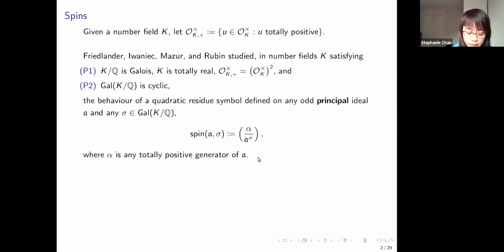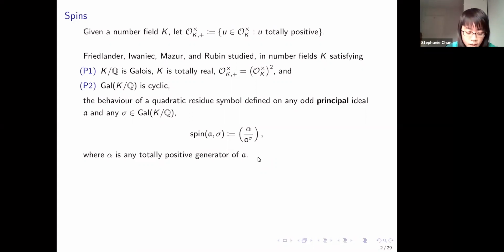And alpha is chosen as any totally positive generator of the ideal A. A priori, if alpha and A sigma are not co-prime, then this quadratic residue symbol will be defined as 0. But most of the time, we'll be looking at where this spin takes either plus or minus 1, and we will not look at where it's 0.